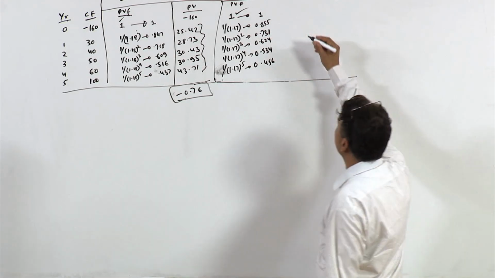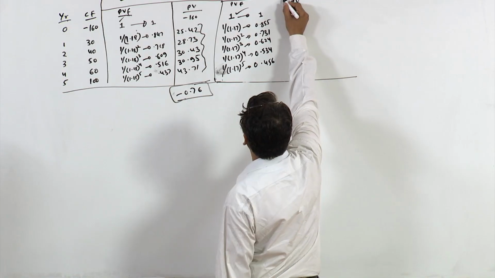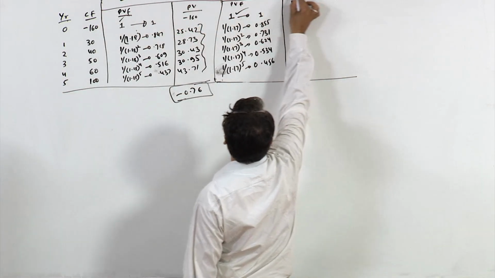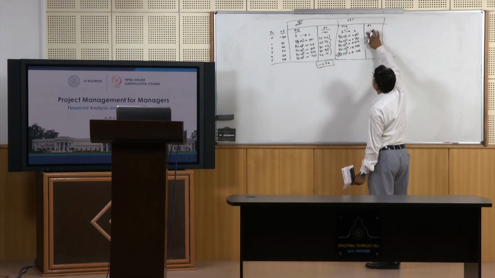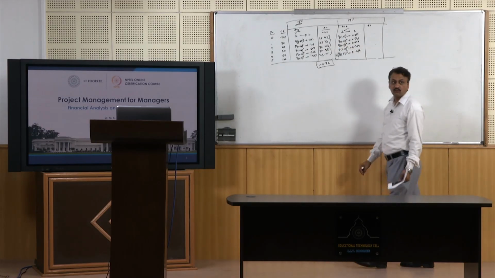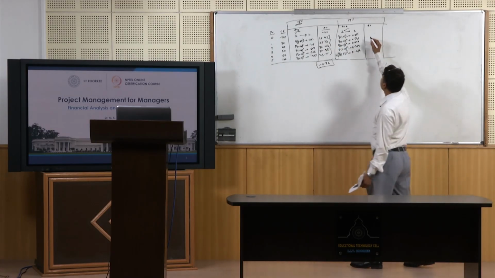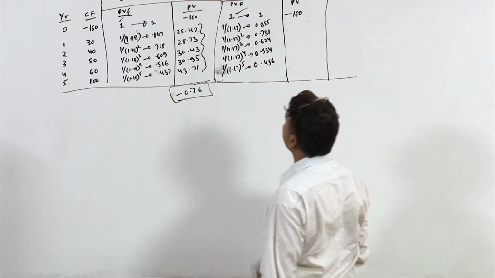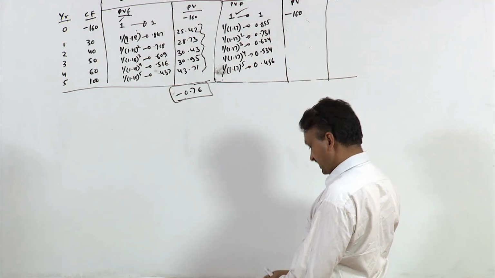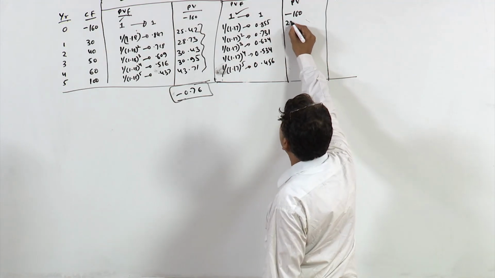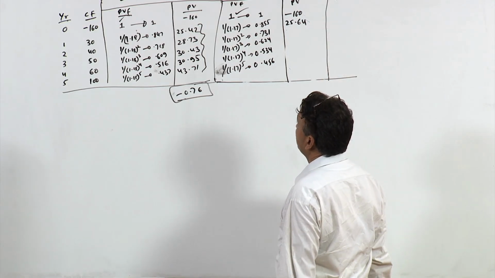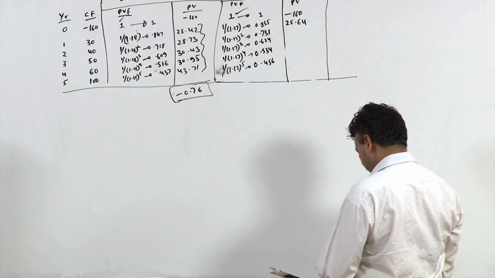Now calculate present value for 17%. So initially you have got minus 160 into 1. So this is minus 160, right, for 0th year. Then 30 into 0.855. So this is 25.64. Then 40 into 0.731.